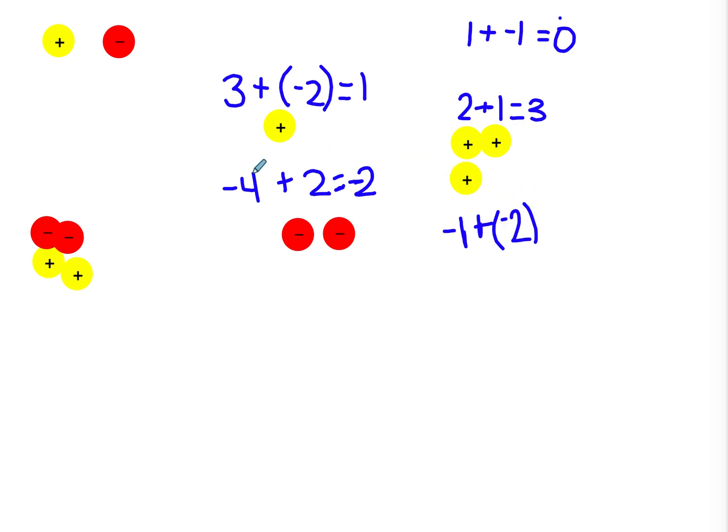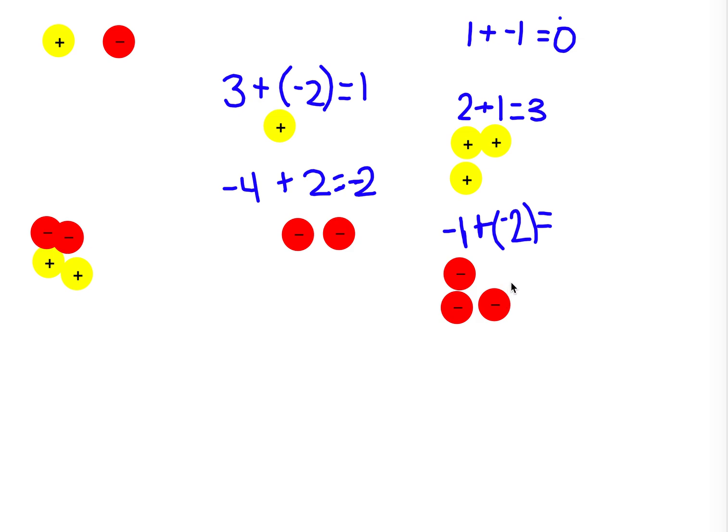Usually when you see a problem in the book and the negative number comes first, there's not a parenthesis around it because it doesn't look like a subtraction sign when it's at the beginning of the problem. Doesn't really matter, it means the same thing. -1 plus -2. All right, so -1 here. All right, and a -2.